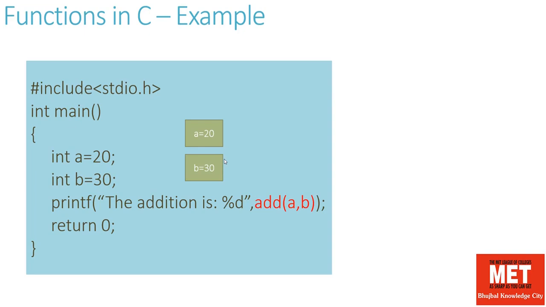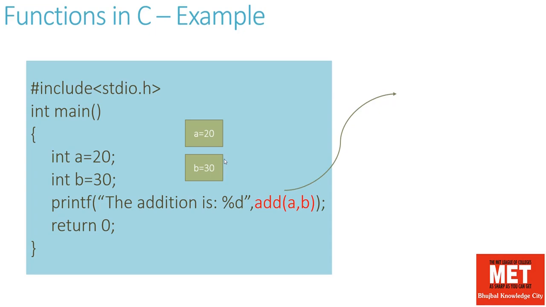Next, we are calling add a comma b. What happens when I call the function? When I call the function, a separate memory space for function is created, or in other words, function is loaded in memory, and the function body is executed separately.